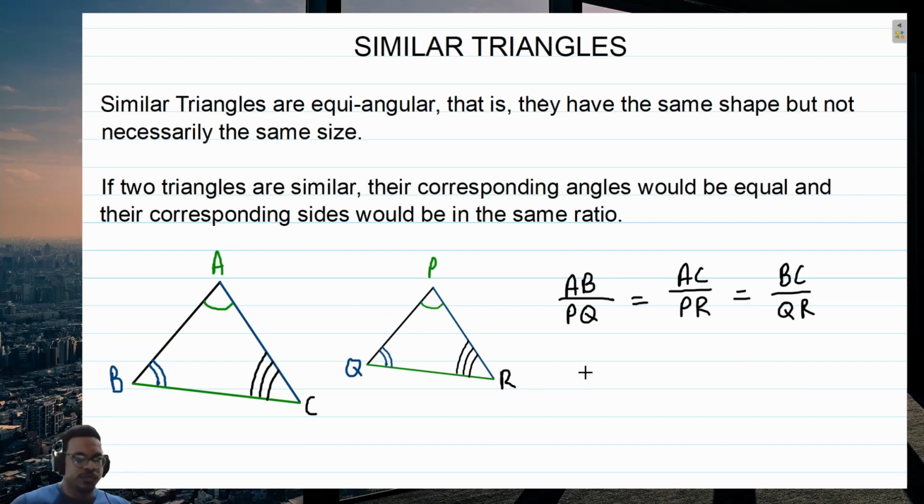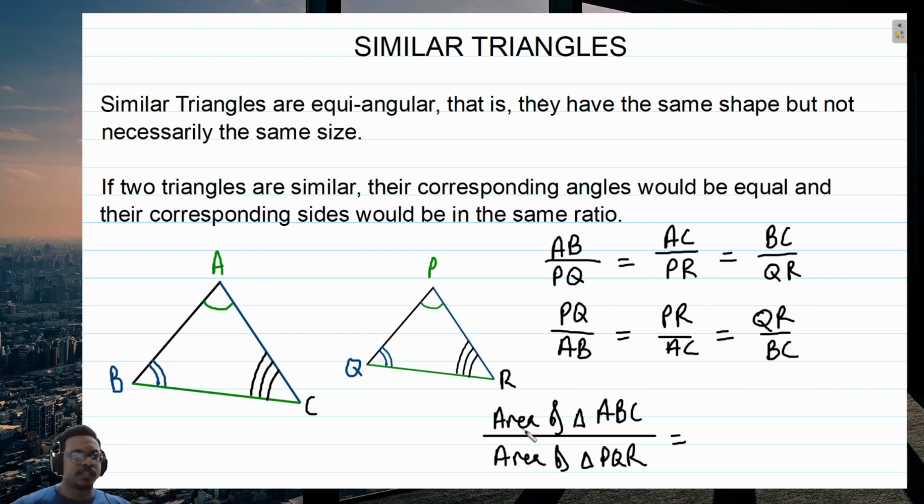Now if I chose to write the PQ first as the numerator over AB, then I must continue that same pattern and put the PR over the AC, which is equal to the QR over BC. So either one would work once you stay consistent with which triangle you are using for the numerator and which one you are using for the denominator.